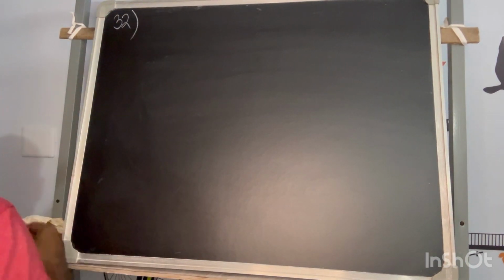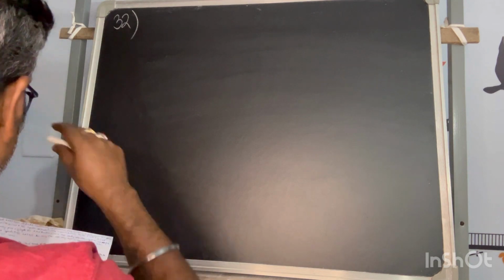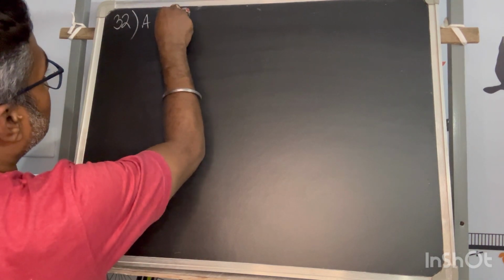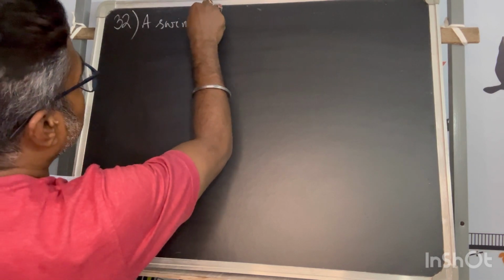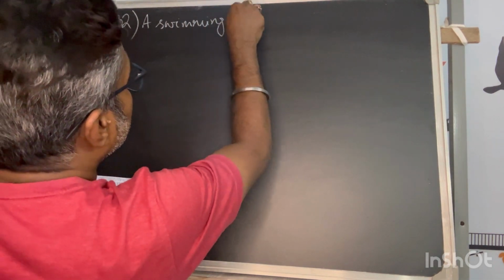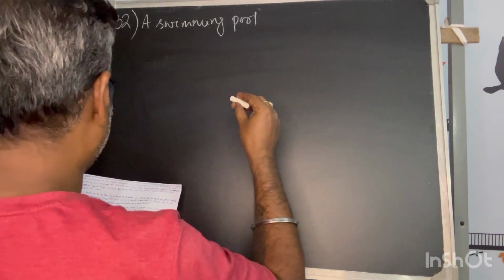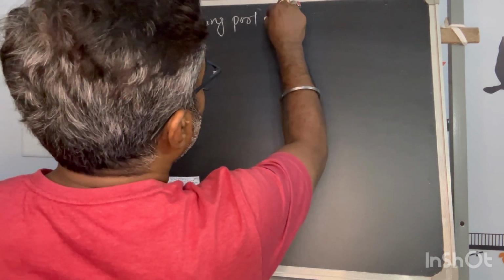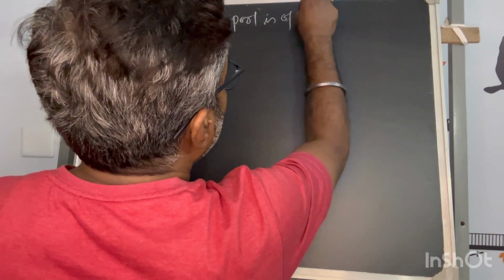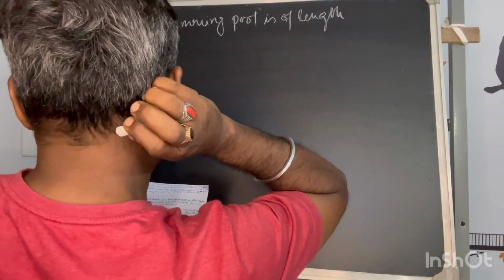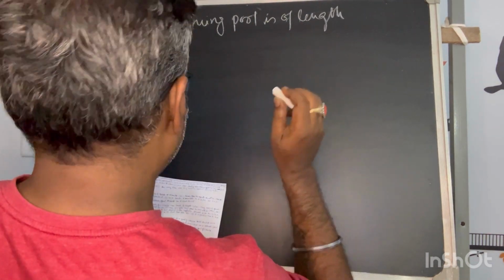Question 32. A swimming pool is of length 50 meter.